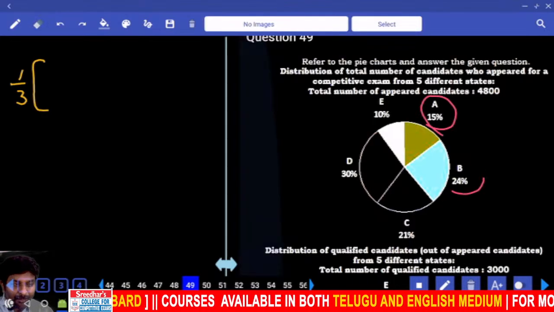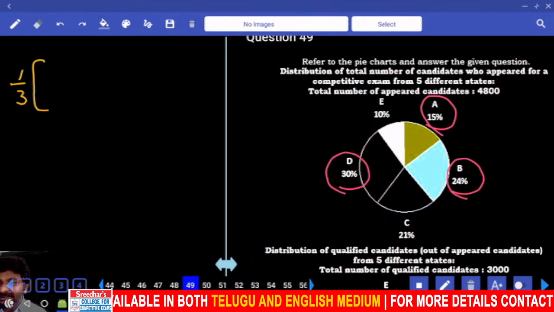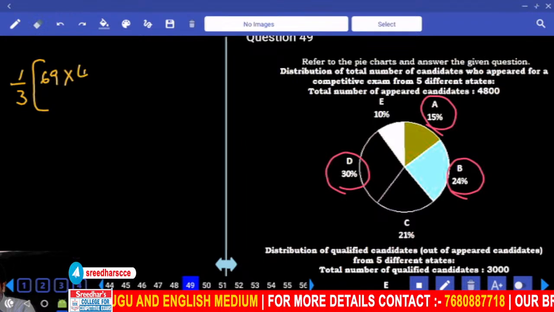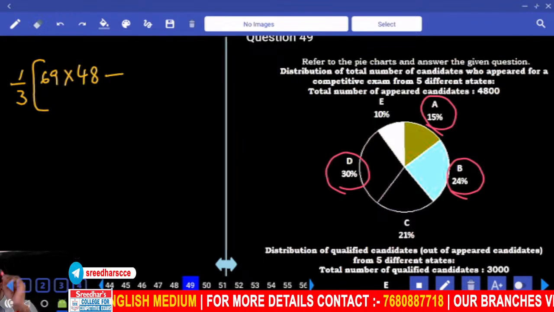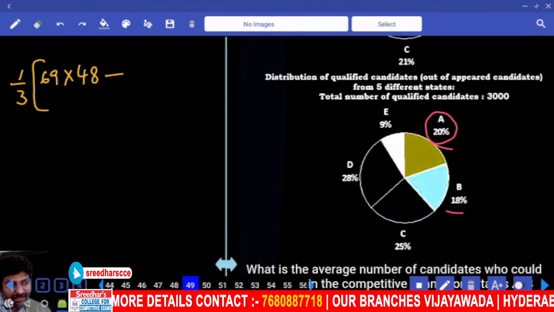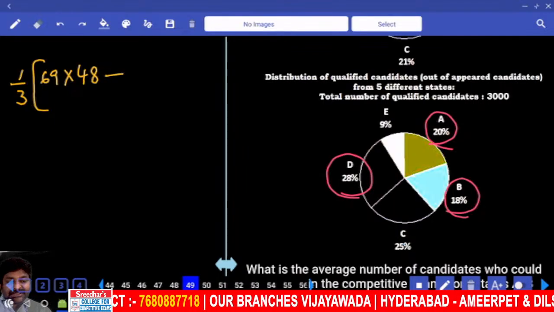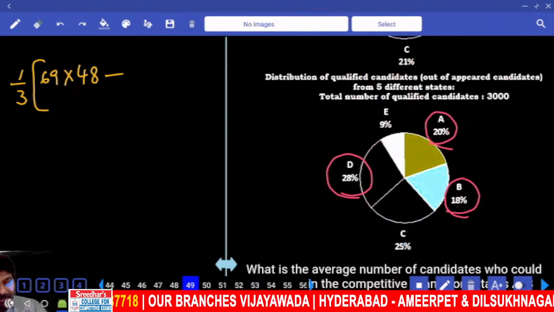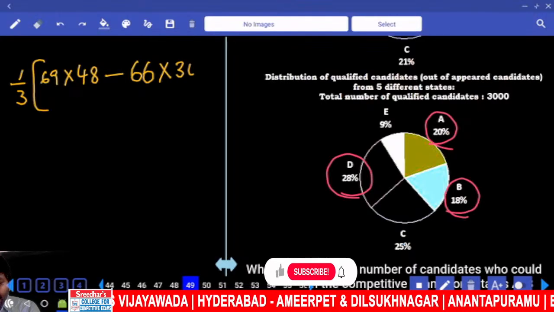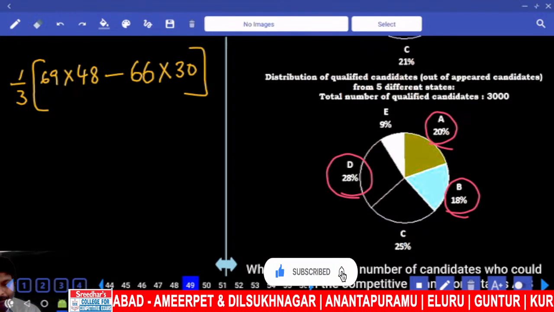A, B, D total 69%, 69 into 1% value 48. Total minus qualified people A, B, D, 66%. 66 into 1% value 30. Is it clear? Come on.